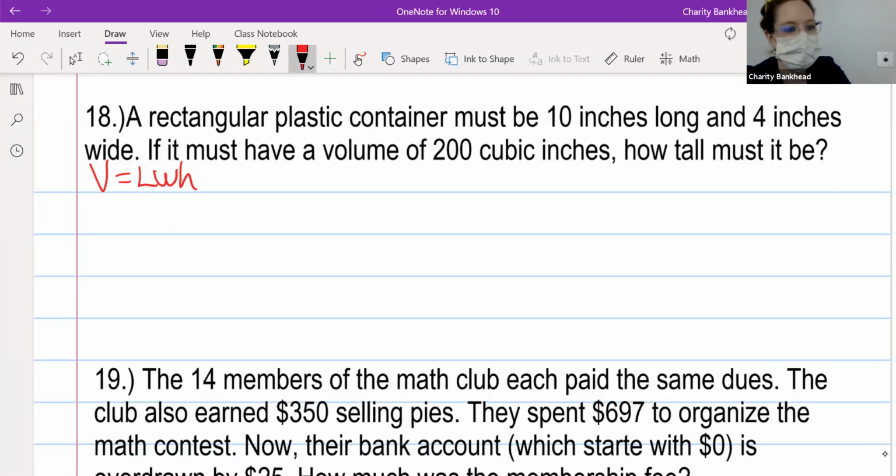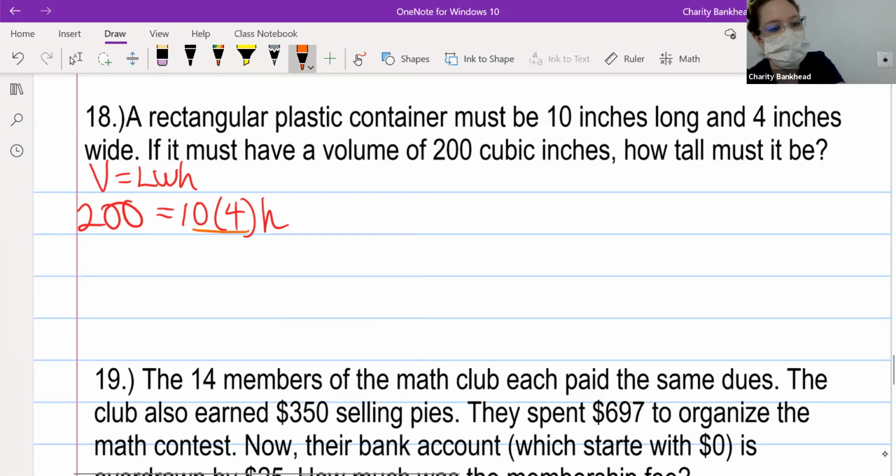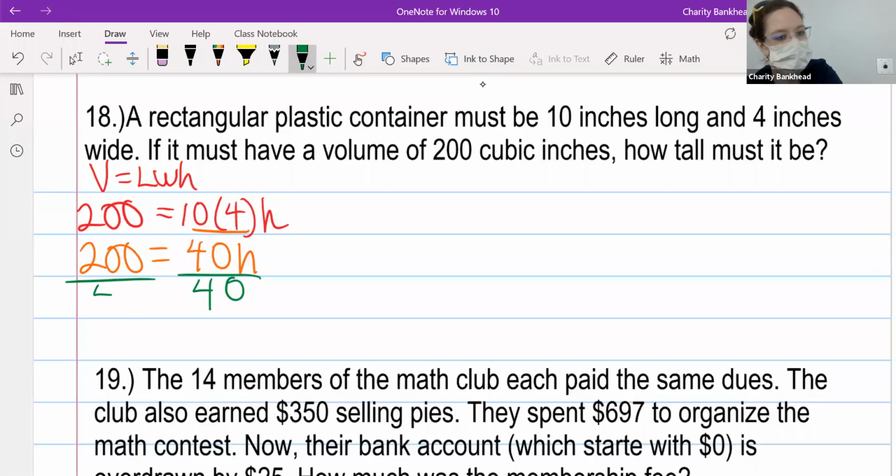All right, and they told us that the volume is 200, the length is 10, and the width is 4, and then we have to figure out the height. So 200 equals 10 times 4 times h. So 10 times 4 is 40. So basically we have 200 equals 40h. Then we can divide both sides by 40. I cancel out one of those zeros. 20 divided by 4 is 5. So that would be 5 inches is the height.